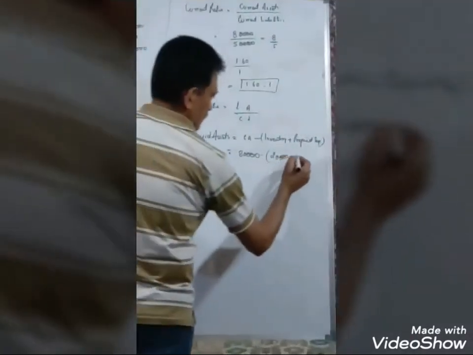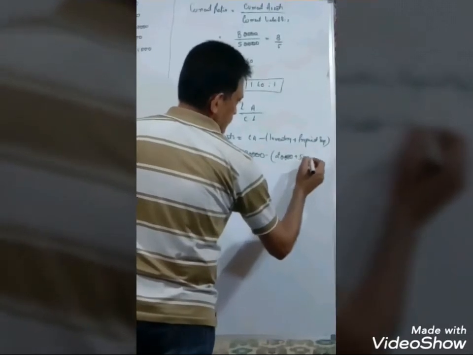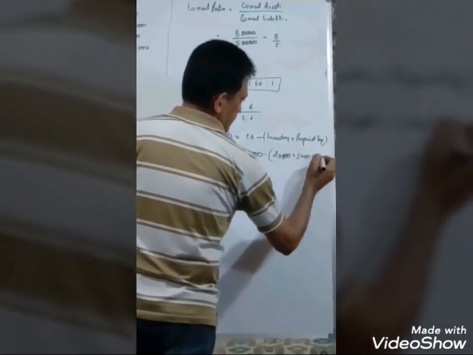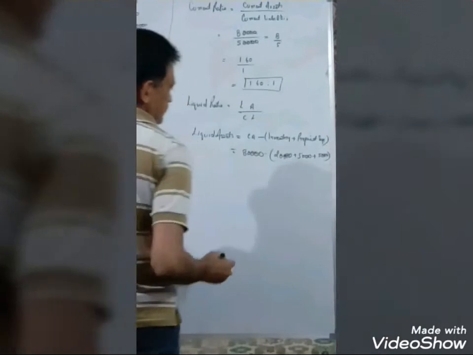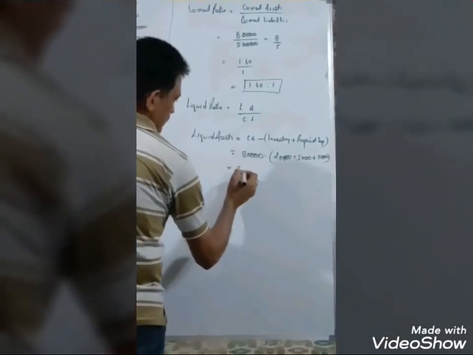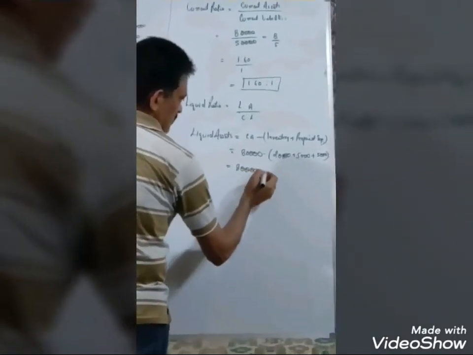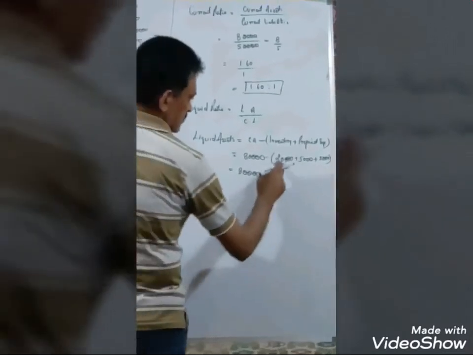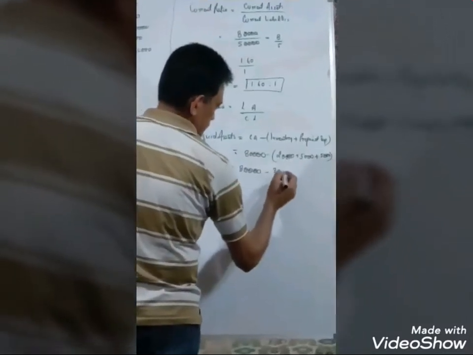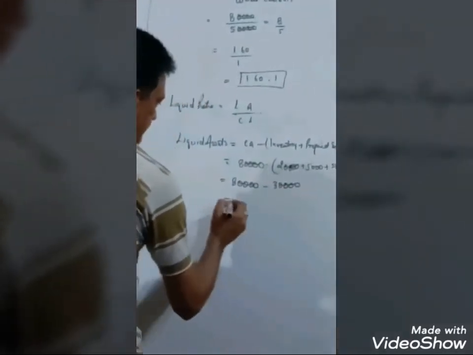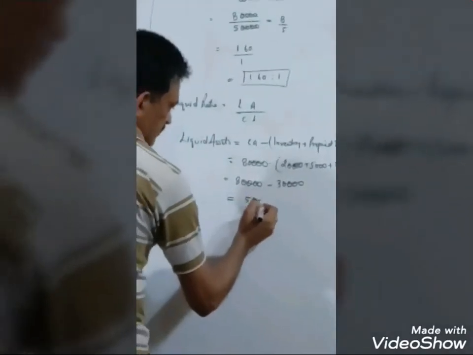The two prepaid expenses are given, advance tax being a prepaid expenditure and prepaid expenses 5,000. So out of 80,000, we have to deduct 30,000. Now quick assets are 50,000.